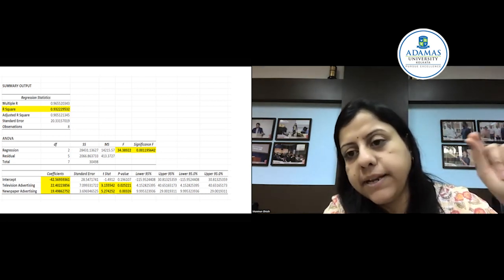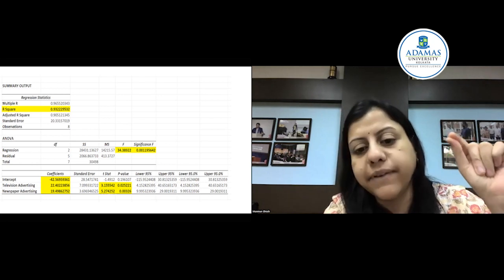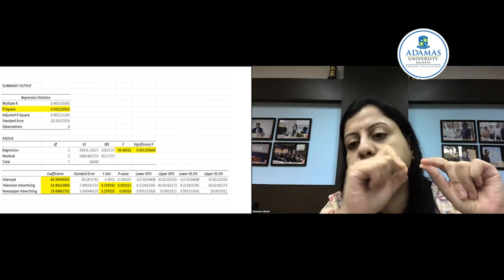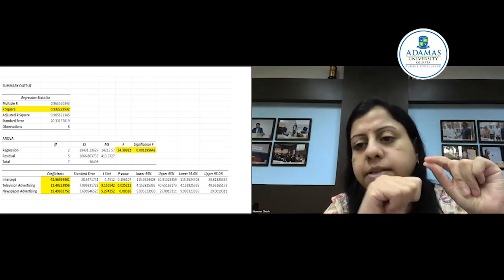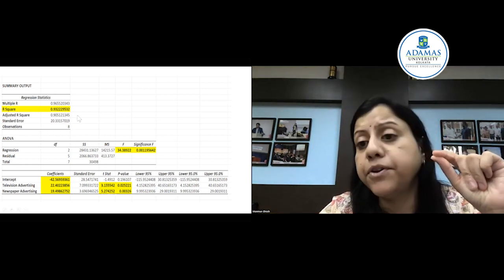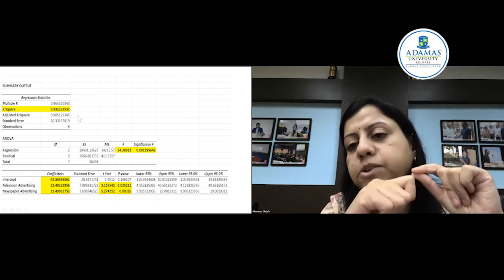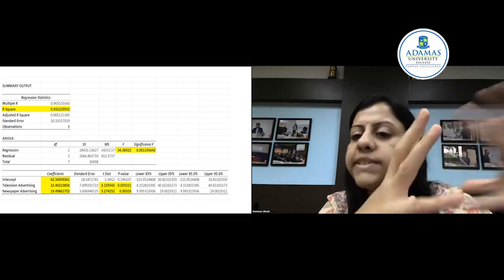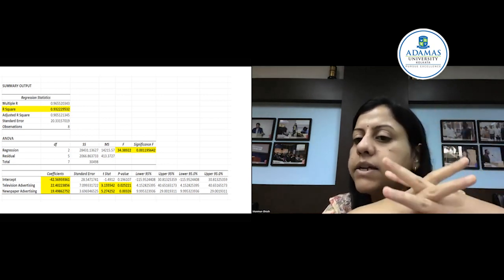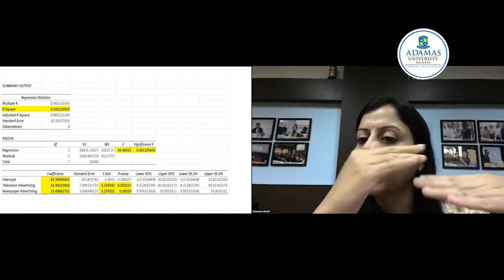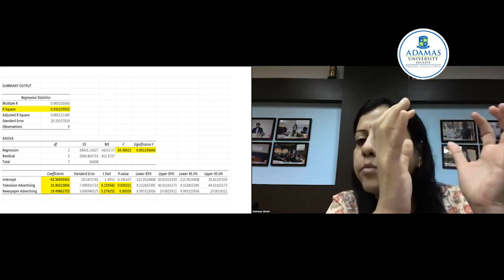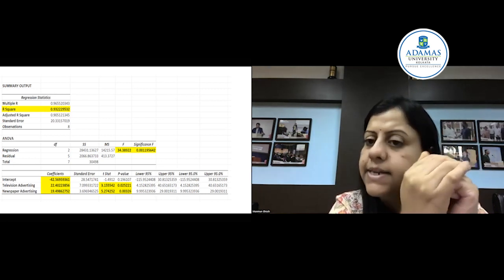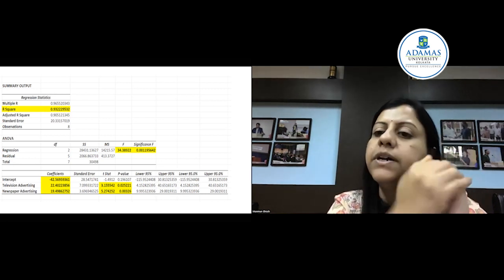Since we have multiple independent variables here, it is very important to talk about each individual's relationship with the dependent variable, because in the first step, the 93.2% impact is a wholesome impact. Here we are not able to talk about the impact individually. Here I'm saying that both of them, television and newspaper ad, cumulatively have impacted 93% of the revenue.